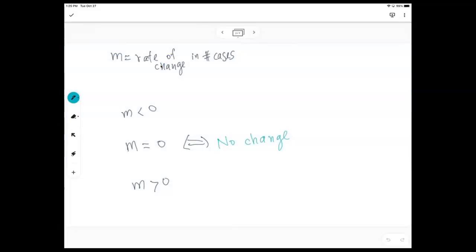So if it's close to 0, there's no actual change between the number of cases. Now, if the rate of change is negative, then when that slope is negative, we have a scenario that has negative rate of change.